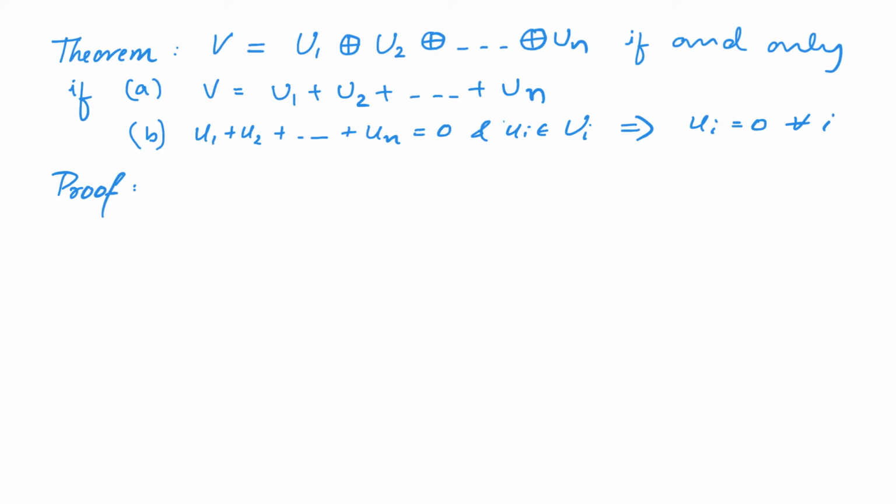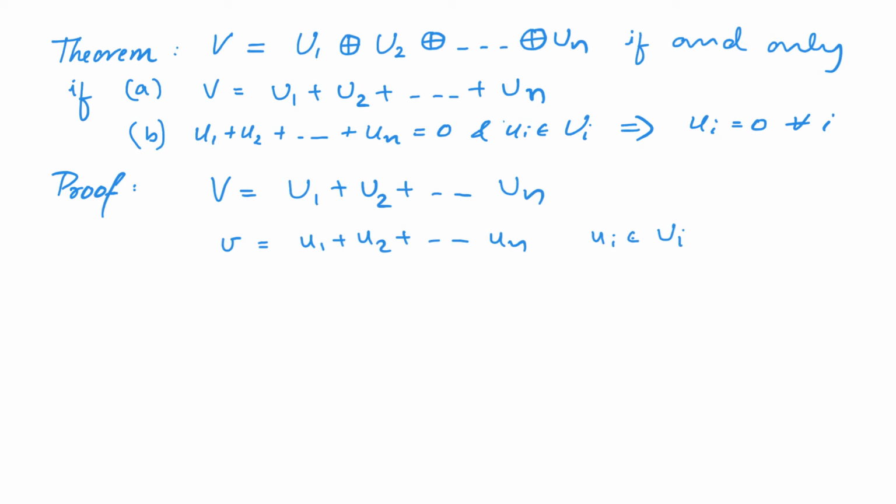From this, we want to conclude that V is a direct sum of subspaces U1, U2, U3 etc. up to Un. Now notice that as V is equal to U1 plus U2 plus etc. up to Un, any element of V can be written as a sum u1 plus u2 plus etc. up to un, such that ui belongs to capital Ui.